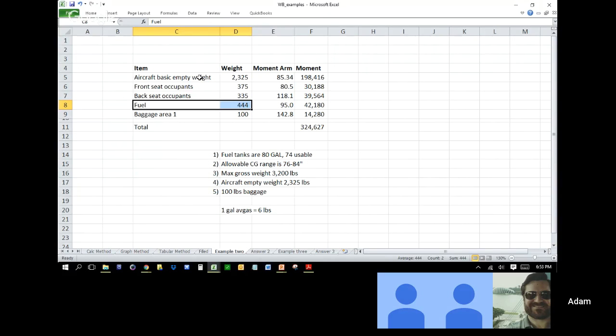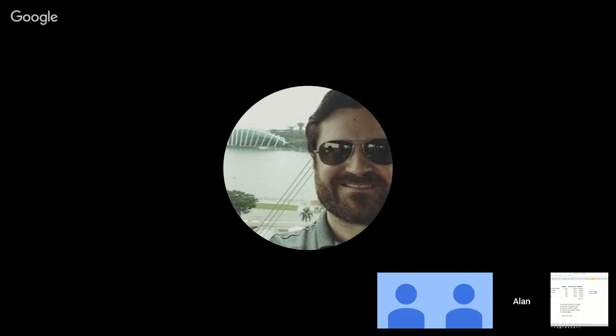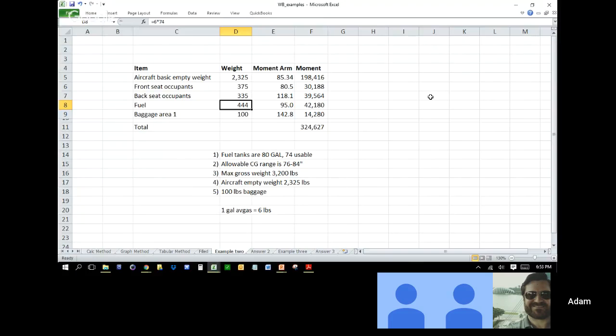It depends on which parameter the operating handbook has you use. If you include it and you weren't supposed to, it's probably not a huge deal because it's only 6 gallons. It's probably not going to throw off the calculation. But okay, I've got some of my moments, and then what's the next step?